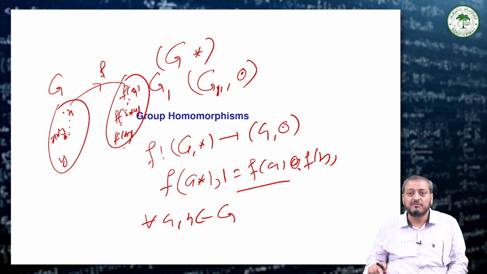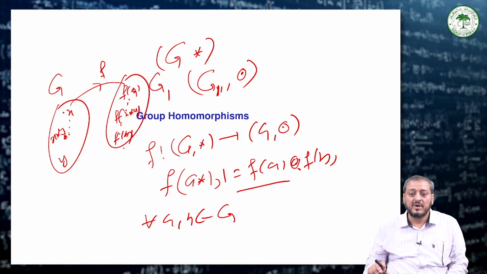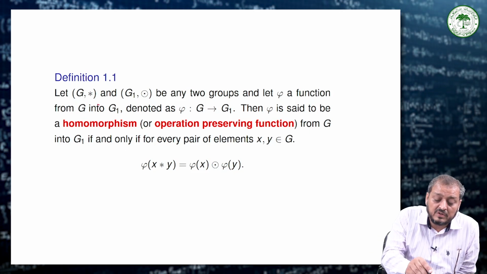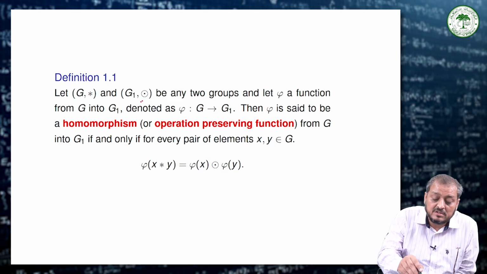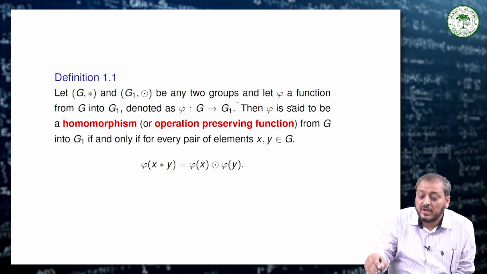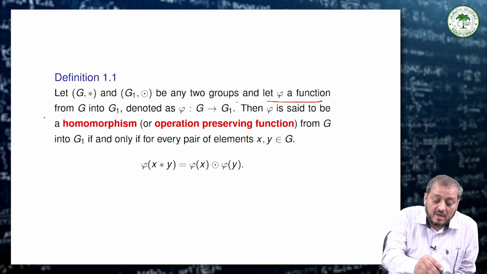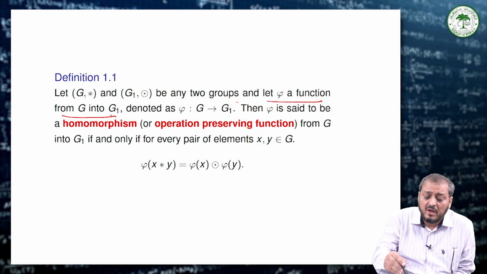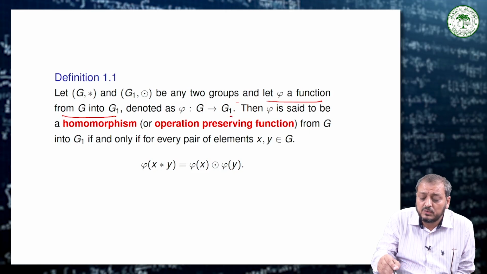So let's start the formal definition of group homomorphism. Let G with binary operation star and G1 with binary operation dot O be any two groups, and let phi be a function from G into G1, denoted phi: G to G1.